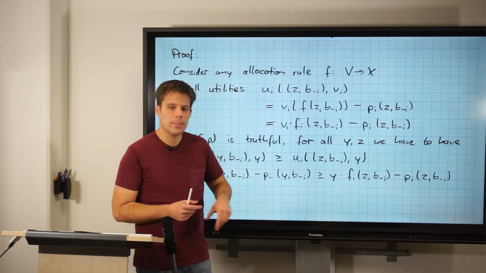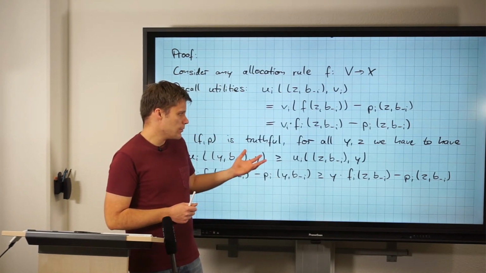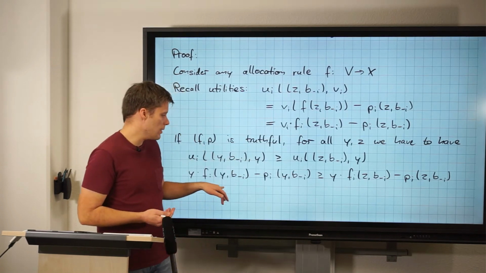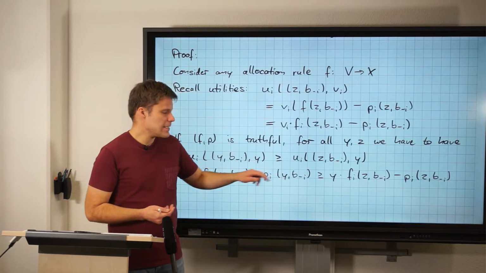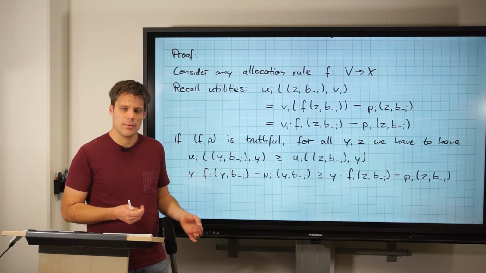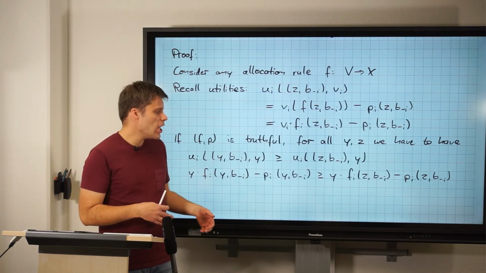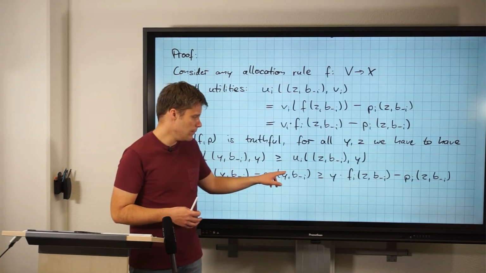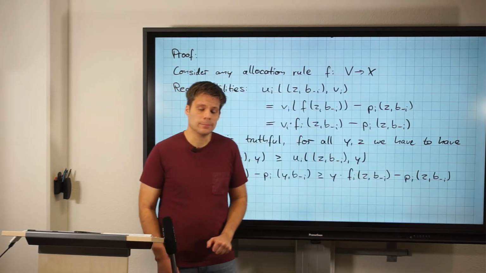Our value v_i might be equal to y, and this is what we're getting out of this. And what we're getting as input to the functions, what the mechanism is working on, are the bids. So this is y here, and this is z here.